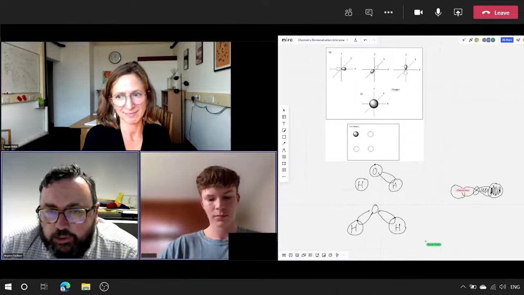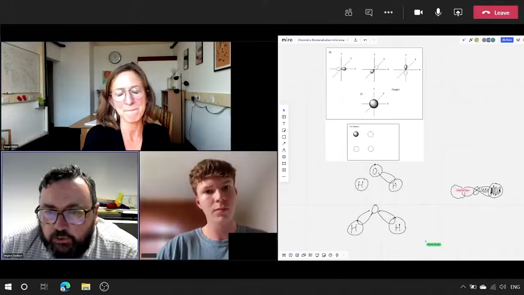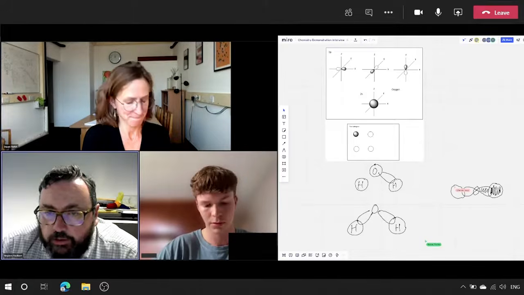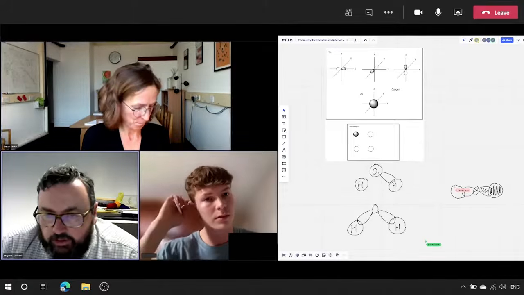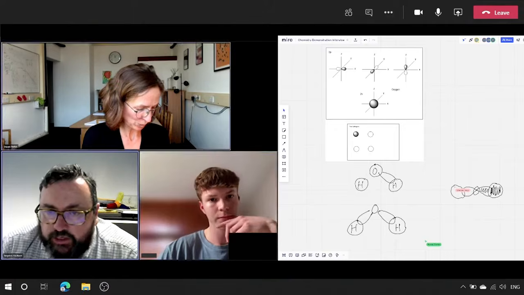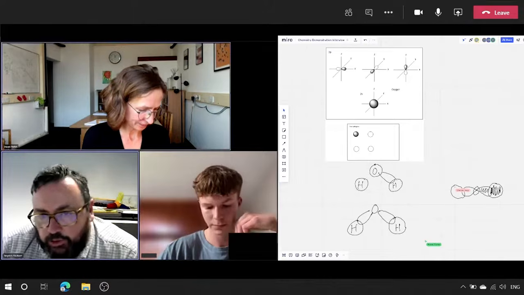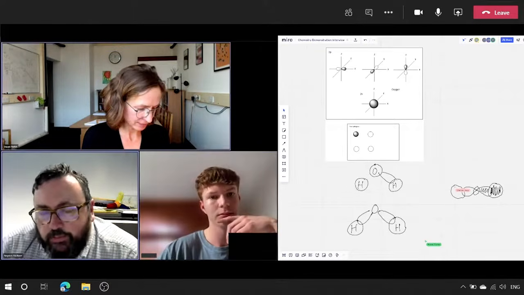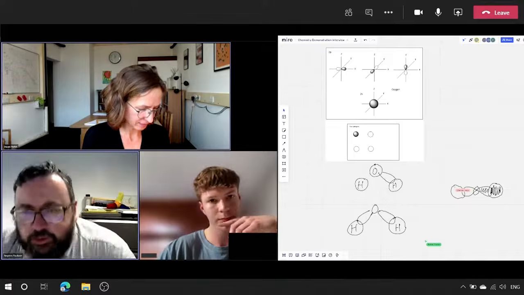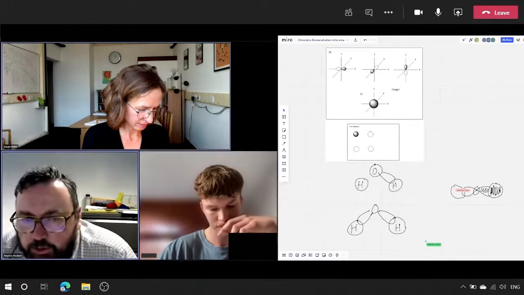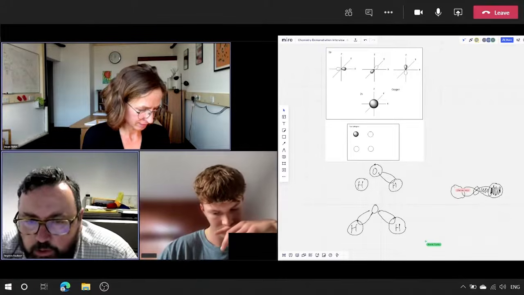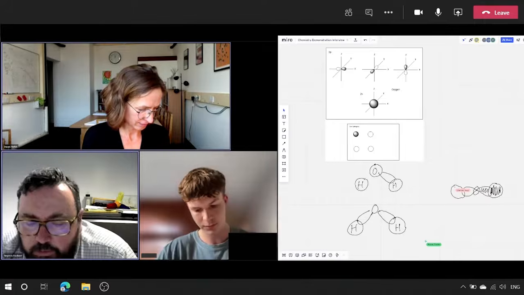So that's pretty close to reality, apart from the fact that all of those orbitals are in a straight line. And what we're actually going to have is the two hydrogens offset downwards a bit, so it looks like H2O, aren't we? So what might be the consequence of offsetting it downwards a bit? Are the orbitals going to overlap just as well, or are they going to overlap less well?